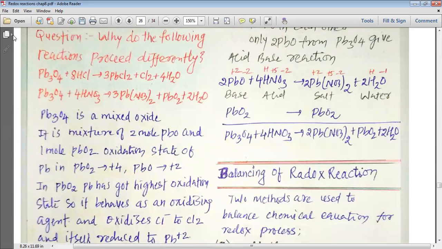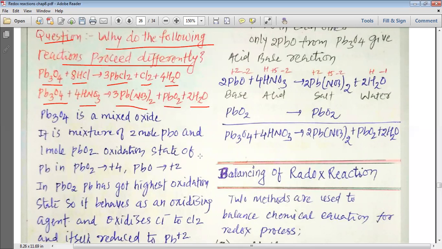Now we have the next question to solve, my dear students. Let us look into the question. Why do the following reactions proceed differently? Pb3O4 reacts with 8HCl. It gives 3PbCl2, Cl2 and 4H2O. But when Pb3O4 reacts with HNO3, it gives 2Pb(NO3)2, PbO2 and 2H2O.